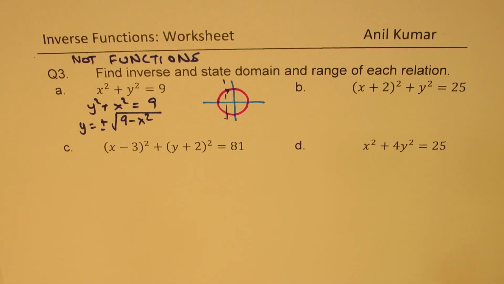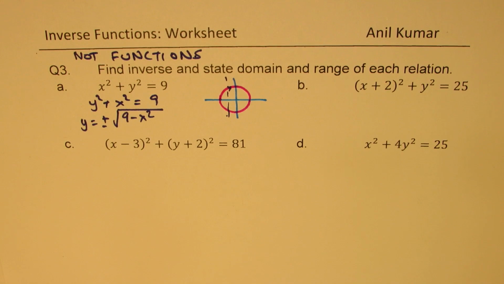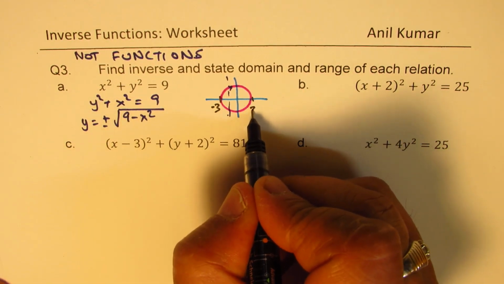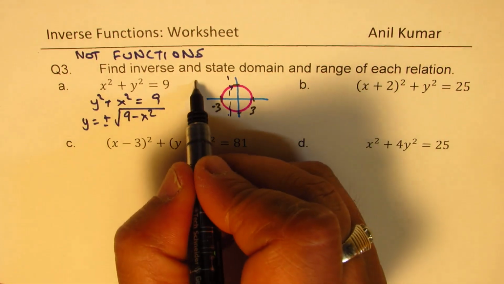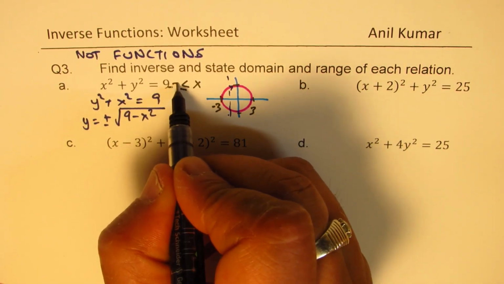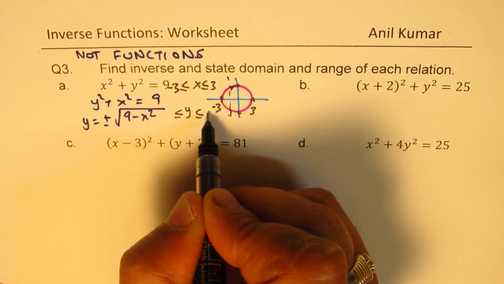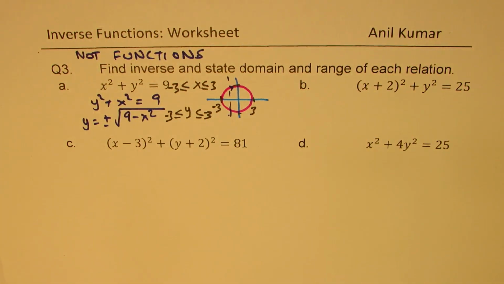Now in this inverse, you can write down that your domain and range for the function is between plus and minus 3. Correct? So the domain here is that x is between minus 3 and plus 3, and y is also between plus and minus 3. Clear?